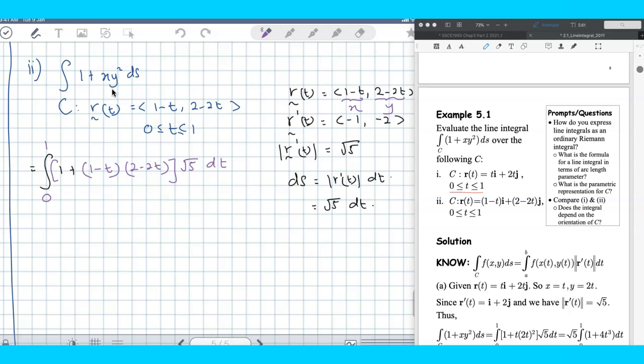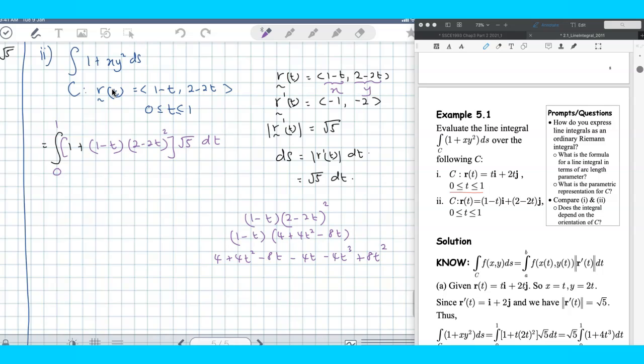So you have to expand that first. So 1 minus t, 2 minus 2t, and don't forget there is a square. So 1 minus t, we have 4 plus 4t squared minus 8t. Okay, and you have 4 plus 4t squared minus 8t minus 4t minus 4t cubed plus 8t squared.